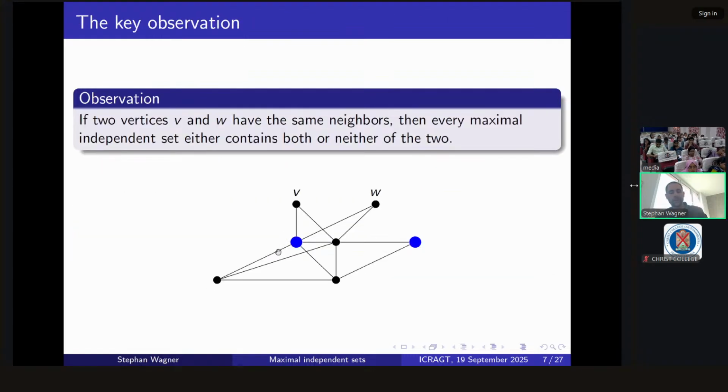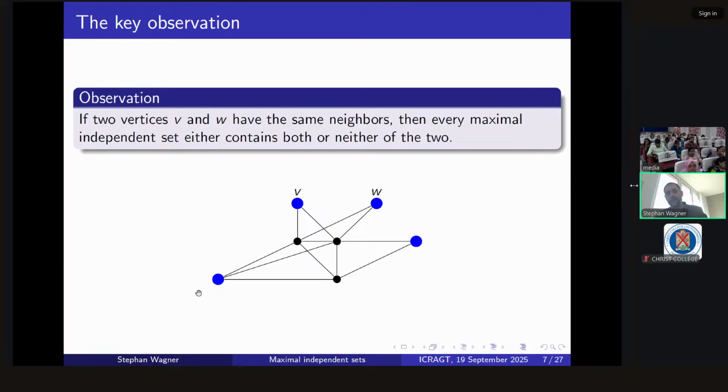So I'm showing you again the graph from before, and the blue vertices here, they form a maximal independent set. You see that they are independent and everything else is adjacent to at least one of the blue vertices. So here, V and W, vertices that have the same neighbors, namely these two, none of the two is contained. On the other hand, here is a maximal independent set that contains both of them. Again, 4 independent vertices, all of the others are adjacent to at least one of them.